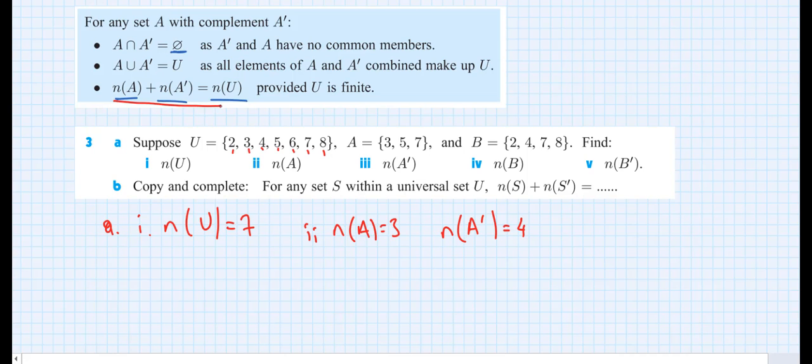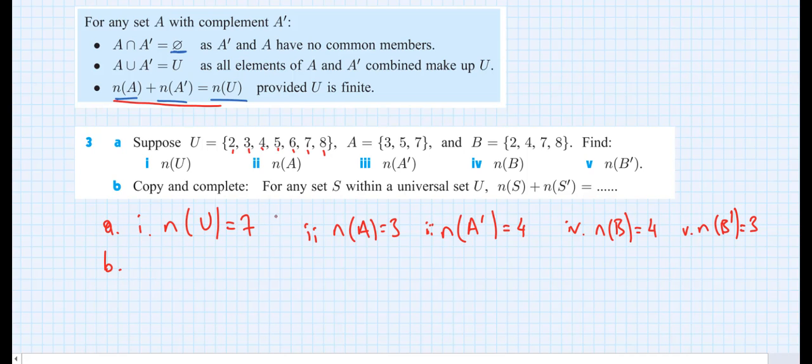This we can conclude from the third part. And number 4, the number of elements of B, as you can see, is 4, and the complement will be 3, of course.